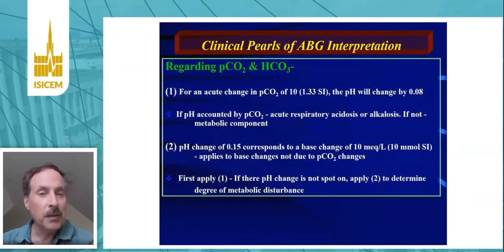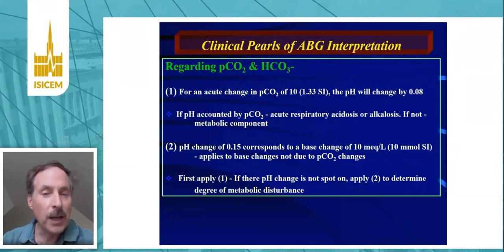Regarding specifically the PCO2 and the bicarbonate, it is a common calculation that for every rise or decrement in PCO2 of 10 from the accepted normal level at a pH of 7.40, the pH changes by approximately 0.08 up or down, depending on the rise or fall of CO2.